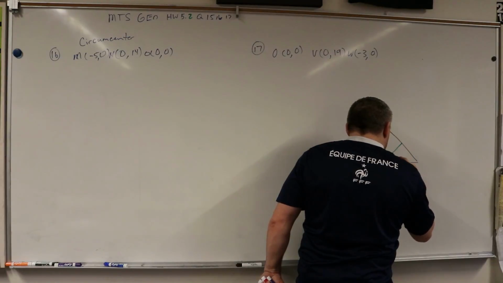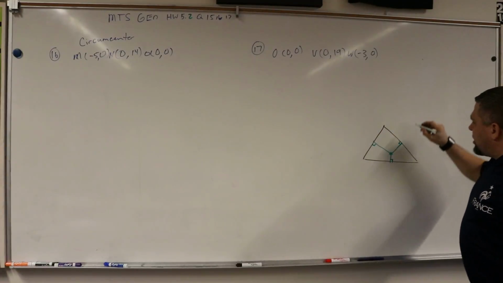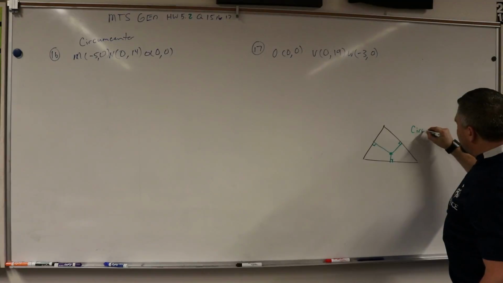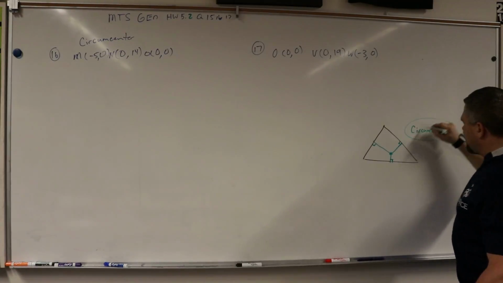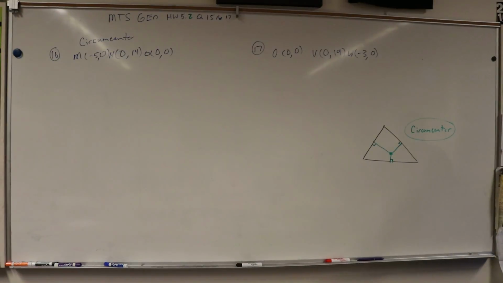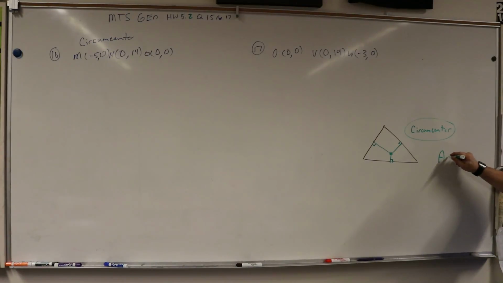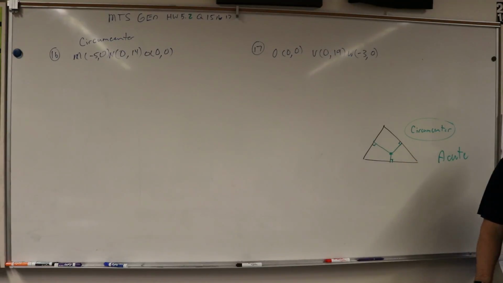They will meet at what is called the circumcenter. Okay? Different from the incenter. Now here's the thing. With the circumcenter, if this is an acute triangle, it'll be inside.